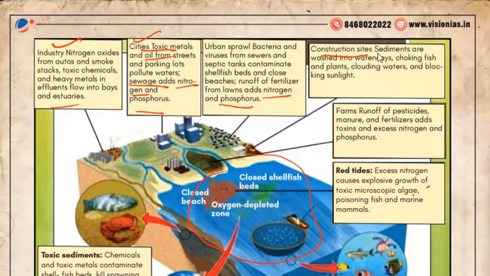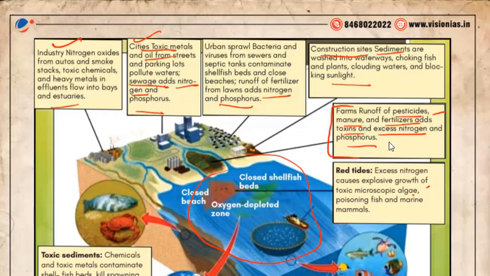Next are construction sites: sediments are washed into the waterways, choking fish and plants, clouding water and blocking sunlight. Next is farm runoff of pesticides, manures and fertilizers, which adds toxins and excess nitrogen and phosphorus. Runoff is one of the most important reasons of this.